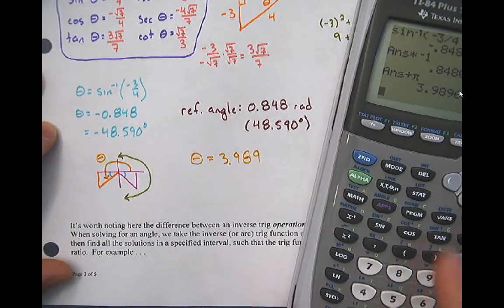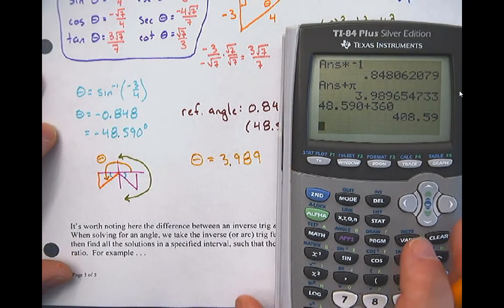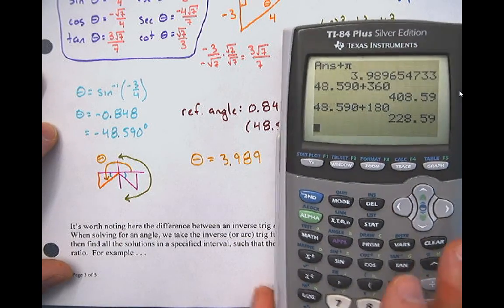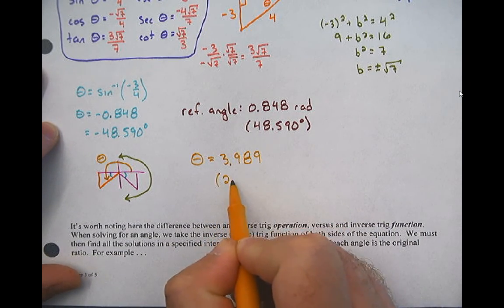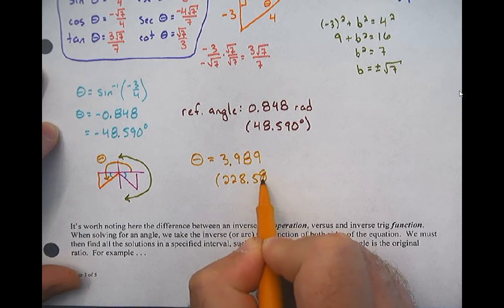Which would be how many degrees? So 48.59 plus 360 degrees would be 408. No, not 360, darn it. I wanted to do plus 180, didn't I? 228.59, which is 228.590.